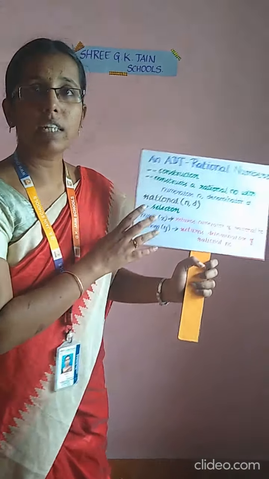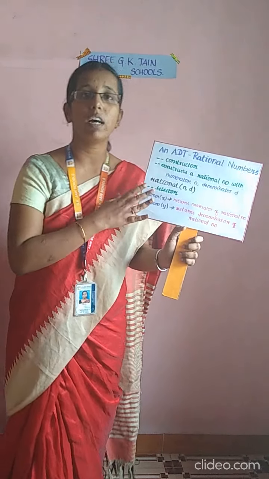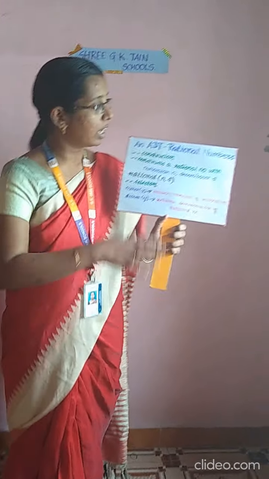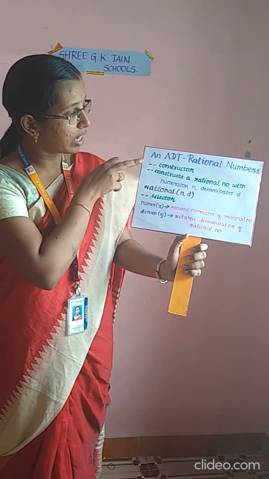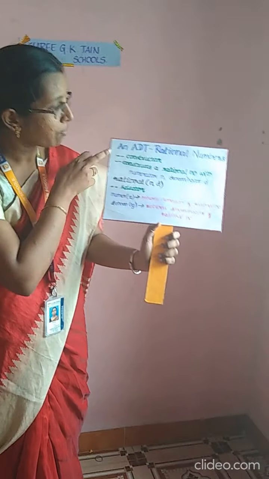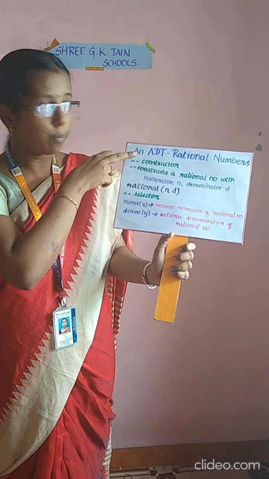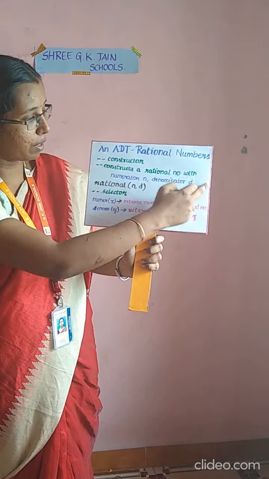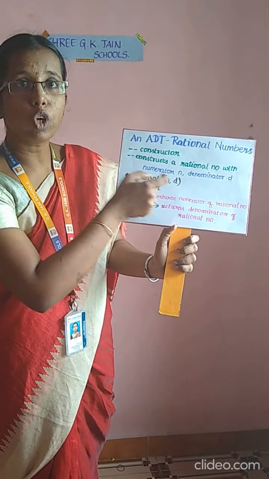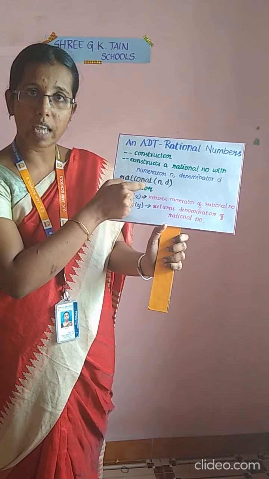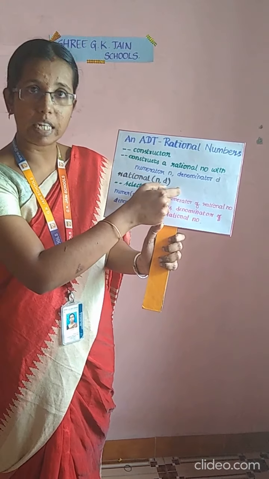And this is an example for abstract data type that is for rational numbers. Here the first line will be your constructor, and that constructor will construct a rational number with the numerator n and denominator d. So you are mentioning the numerator as n here and denominator as d here.